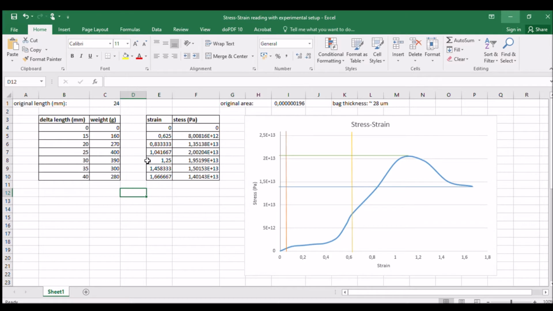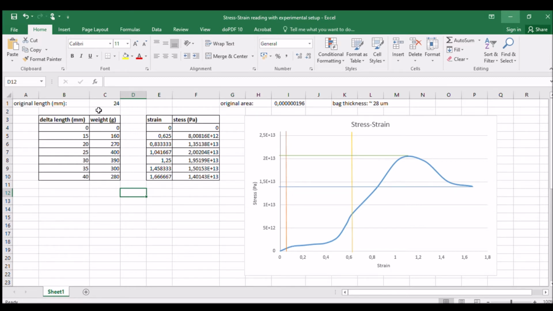I've recorded this data in this table over here. So as you can see, we've got our original length in millimeters, and then the change in length I've noted over here with the weight that was measured by the scale.